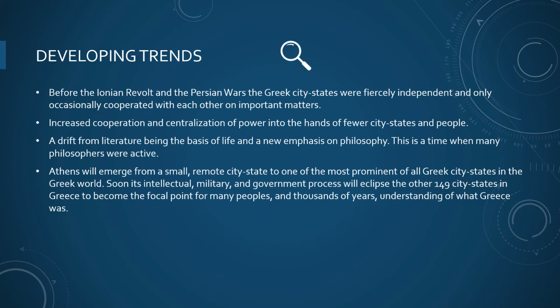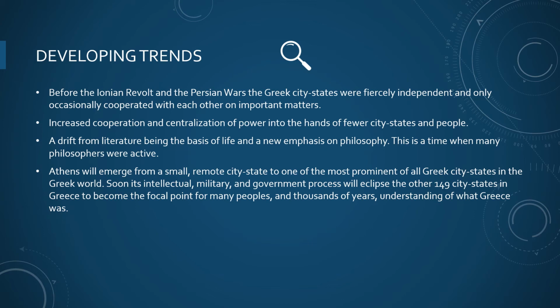As I just said, before the Ionian Revolt and the Persian Wars, the Greek city-states were fiercely independent and only occasionally cooperated with each other on important matters. Now, as we get into the Persian Wars and look at them and the Peloponnesian War, we will see increased cooperation and increased centralization of power into the hands of fewer city-states and key people.